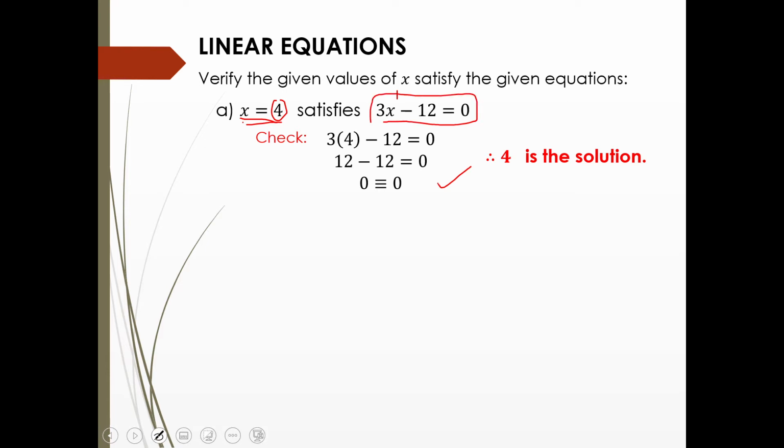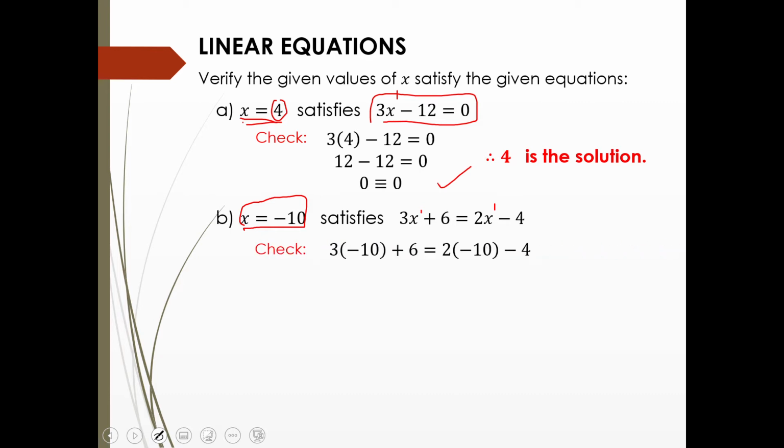Let's have another example. Here we also have a linear equation, 3x plus 6 equals 2x minus 4. The highest power is 1, and here 1. We need to verify whether x equals minus 10 is the solution of this linear equation. So let's substitute.